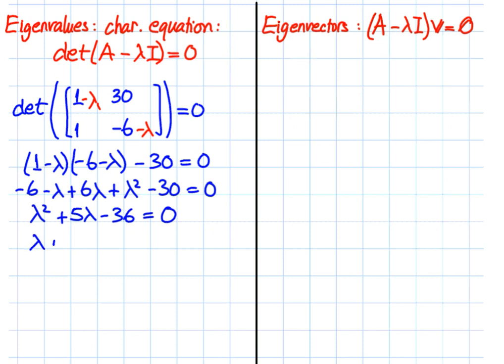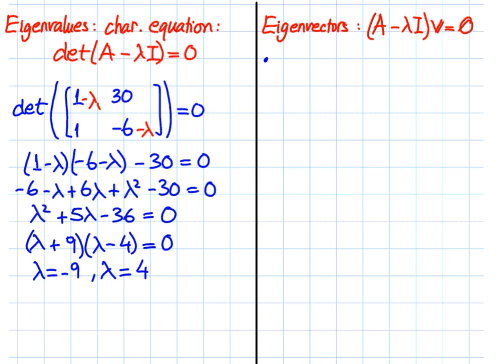Factor out, we have lambda plus 9 times lambda minus 4 equal to 0. So lambda equal to negative 9 and lambda equal to 4. Those are the eigenvalues. The eigenvectors will correspond to lambda equal to negative 9 or lambda equal to 4.